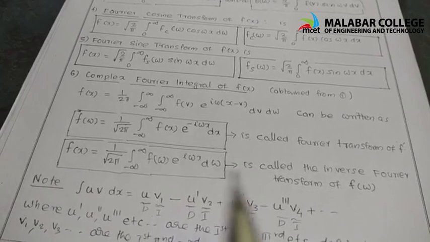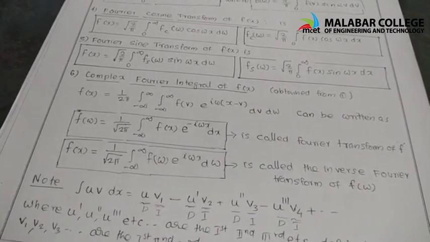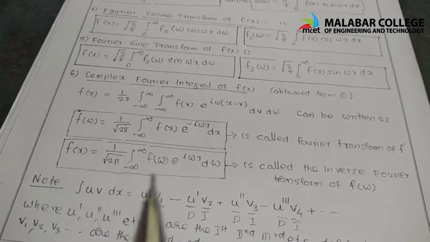Then again, note that while finding the integrals and transforms, we use the formula for integration of uv dx, which means the integral of two functions. The first function is u, the second function is v. How to integrate this? There is a simple method. We integrate like this: first function into integral of second.